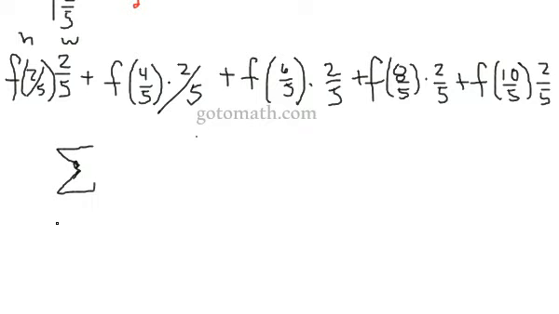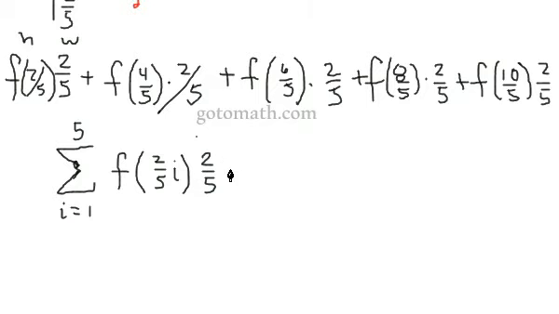We have the sum of i going from 1 to 5 of f of 2/5 i, and times 2/5. Okay. So remember, this is the height and this is the actual width here of the interval.